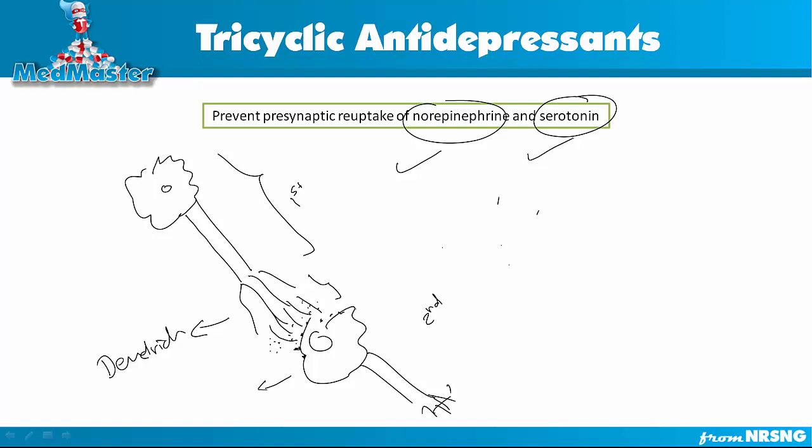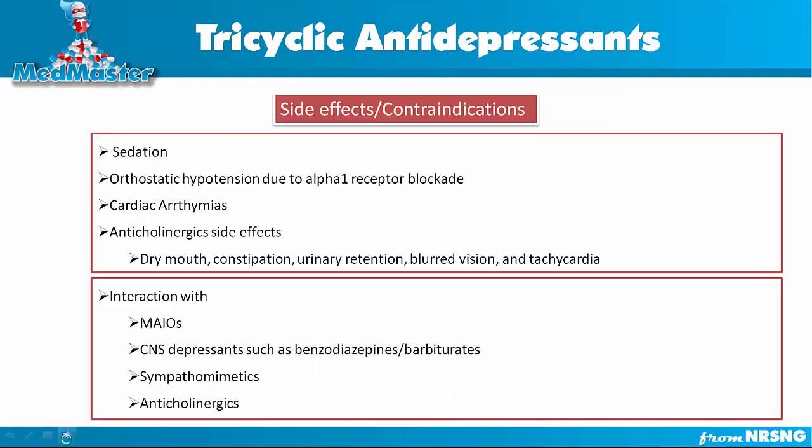So that's the basic mechanism of action. You don't really have to know it in much detail, but you have to remember it prevents the presynaptic reuptake of norepinephrine and serotonin, making them available for more time so they can deliver their message to another neuron very efficiently.